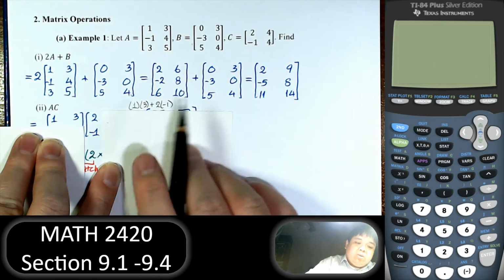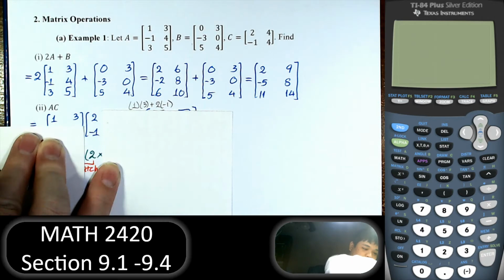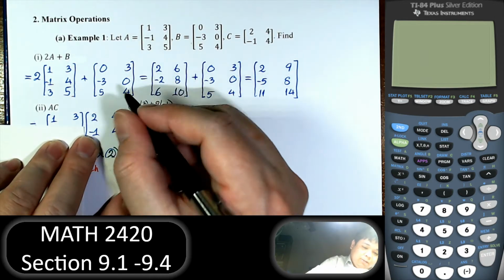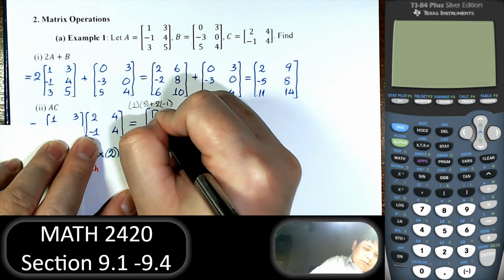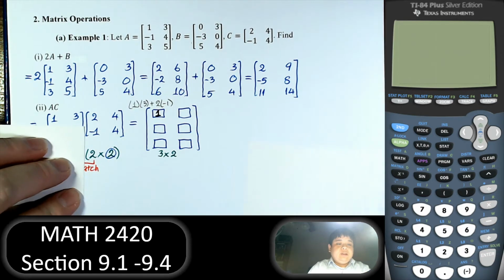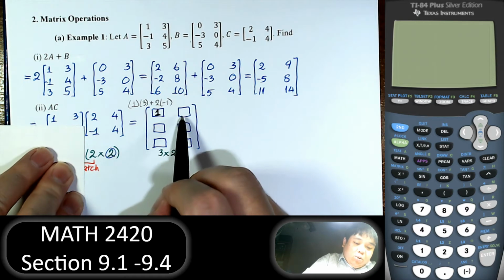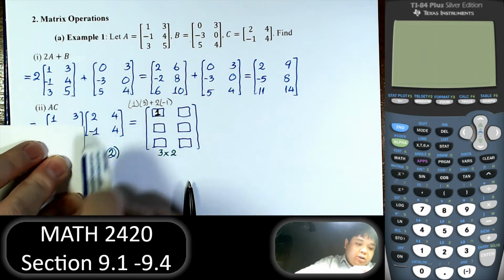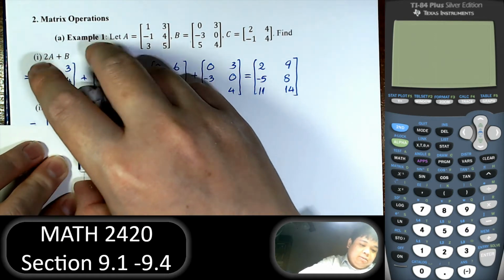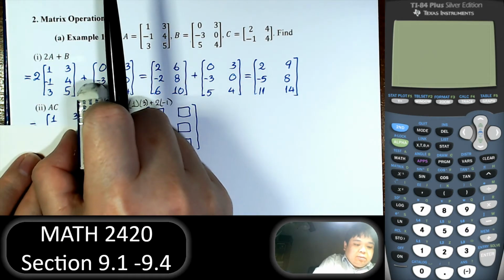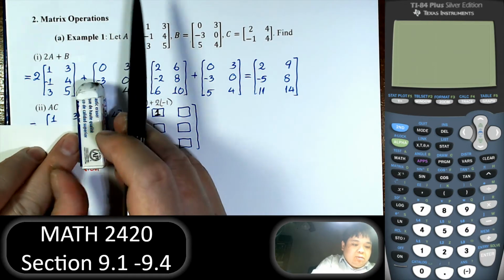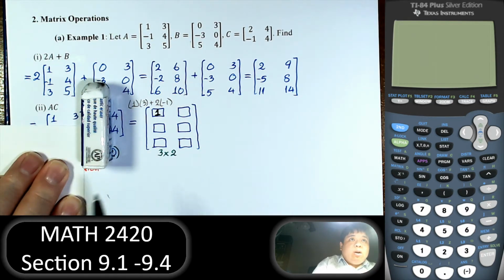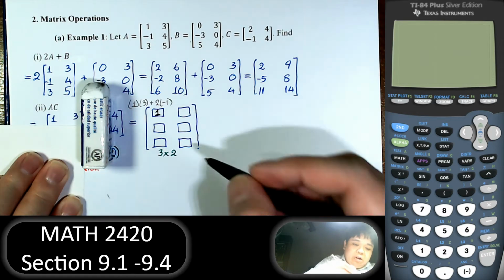So 3 minus 1 is going to be 1. Right. Next, this one is on the first row, second column. So we're going to use the first row and the second column. 1 times 4 plus 3 times 4. 1 times 4 is 4, 3 times 4 is 12. That gives us 16.